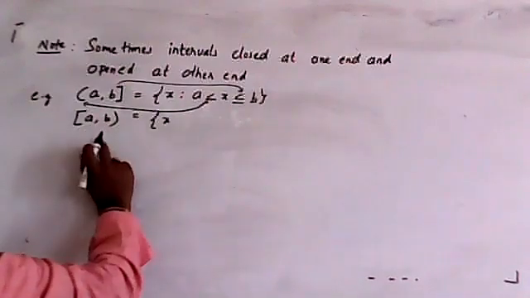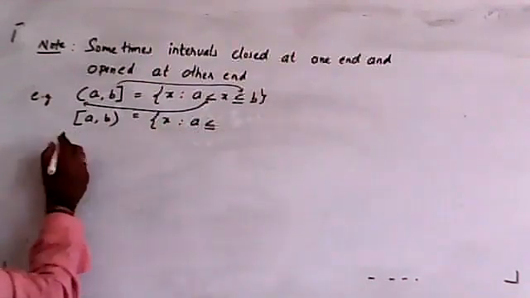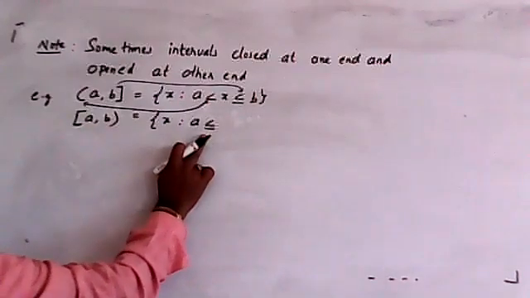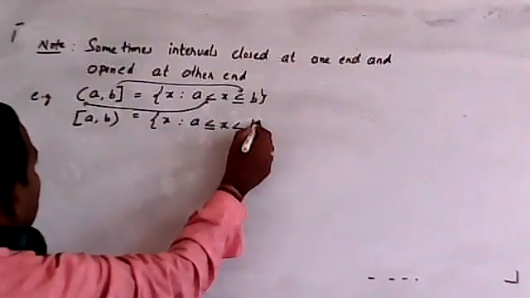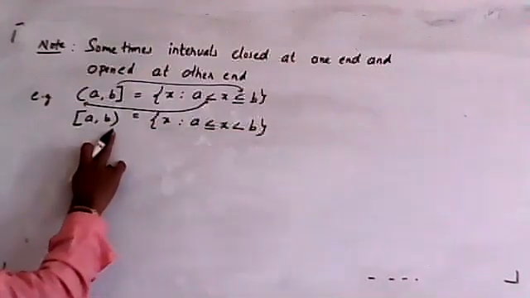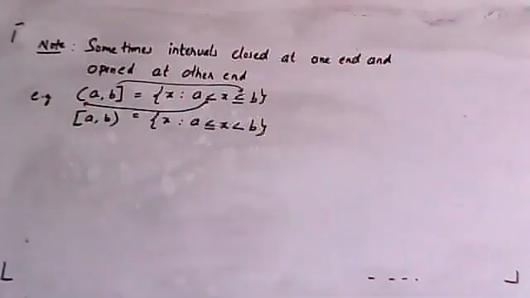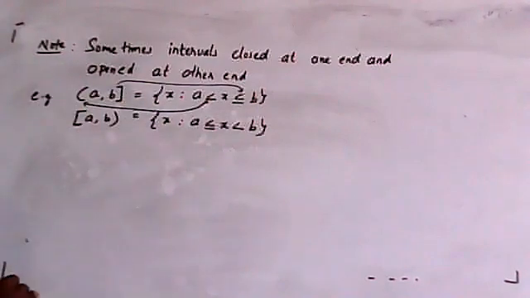Set of all x such that a is lesser than or equal to x is less than b. Why am I writing less than or equal? It means it is a closed bracket. Wherever I see closed, there I will write lesser than or equal. Why have I written less than b here? It means it is an open bracket. So we can see intervals closed at one end and open at the other end. The end may be this side or that side.